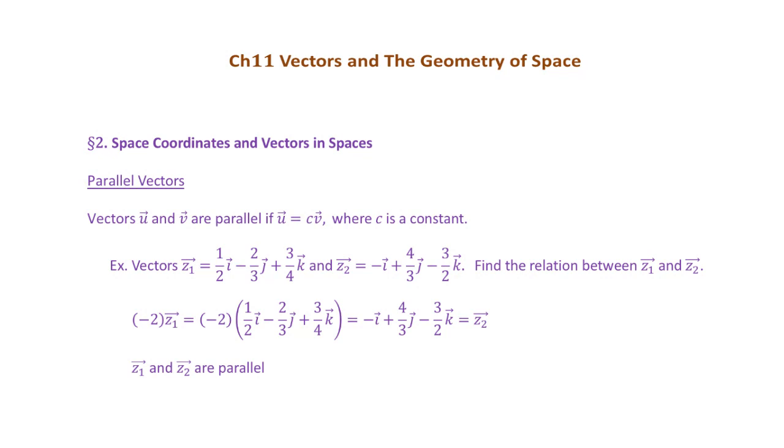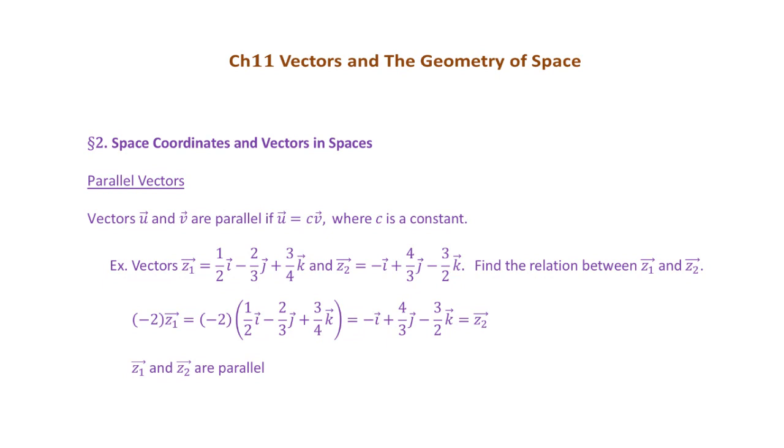They point in opposite directions. Remember, vectors always have directions. But z2 has a length 2 times the length of z1. It's just enlarged by a factor of 2.